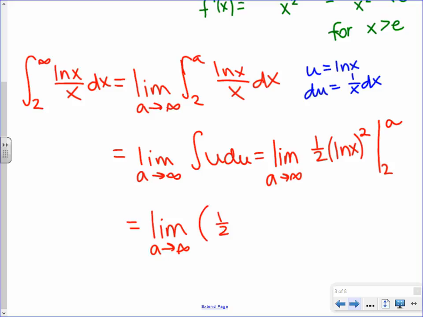So we have the limit as a approaches infinity, 1/2 natural log of a squared minus 1/2 natural log of 2 squared.